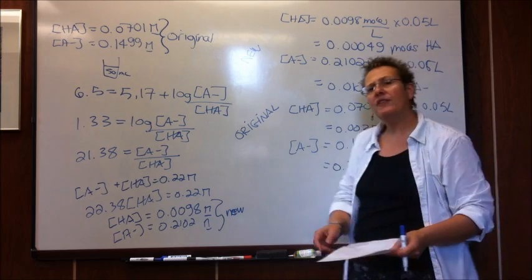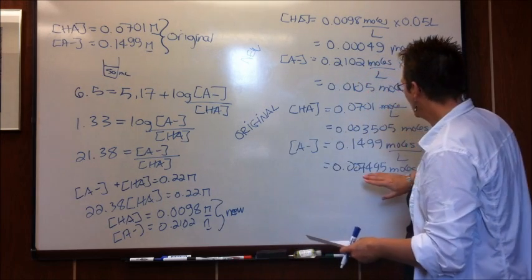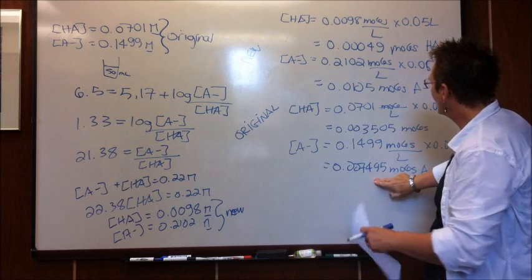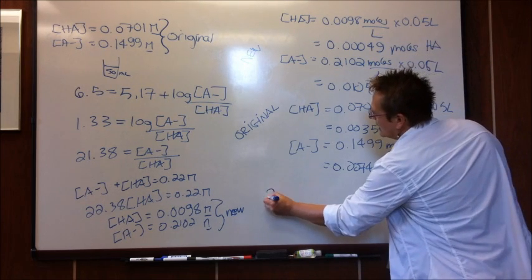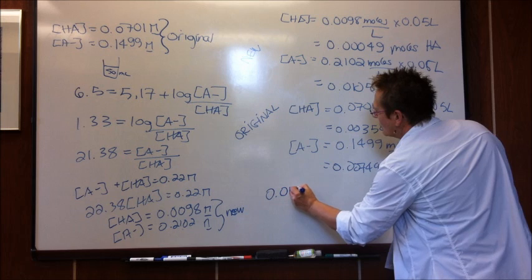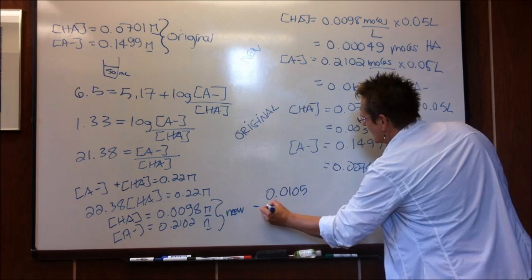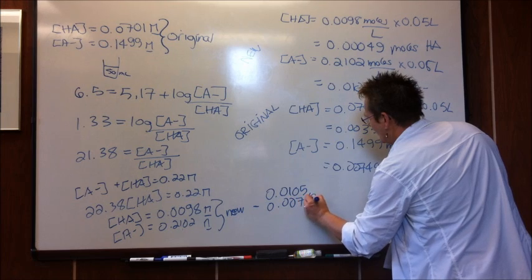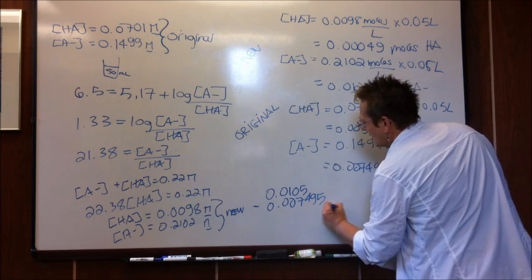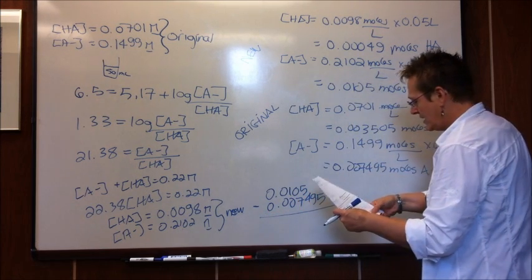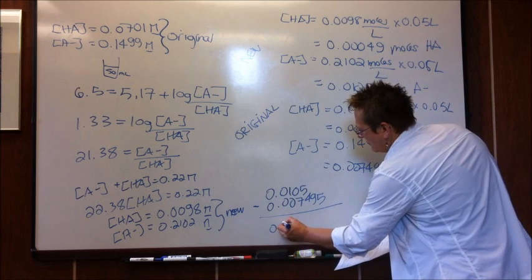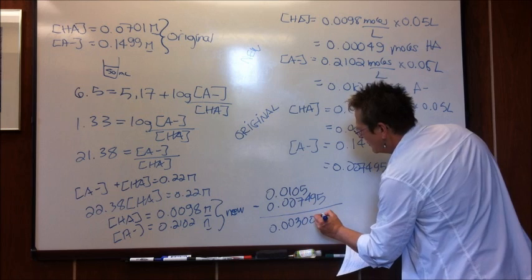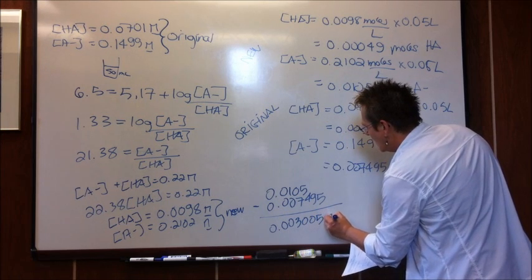Now what we have to do is figure out the difference between our final moles of A minus and our original moles, or 0.0105 minus 0.007495. That gives us a difference of 0.003005, something like that, moles.